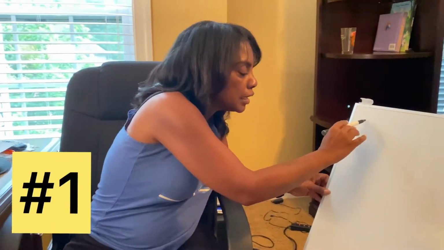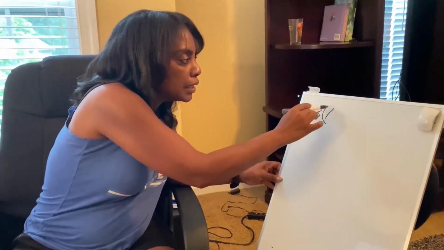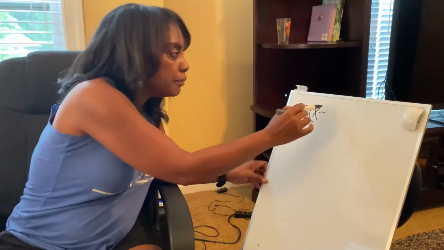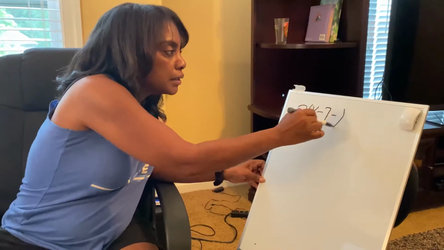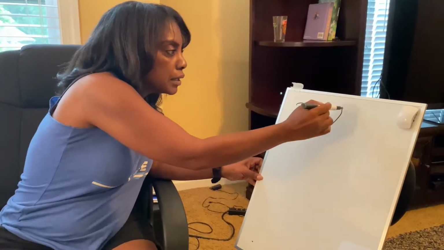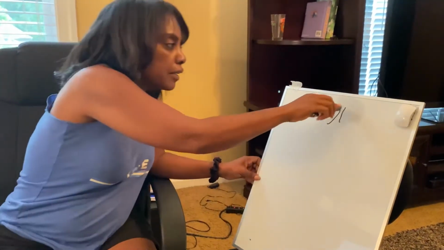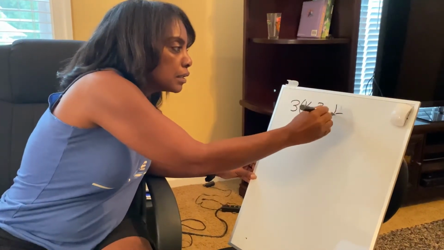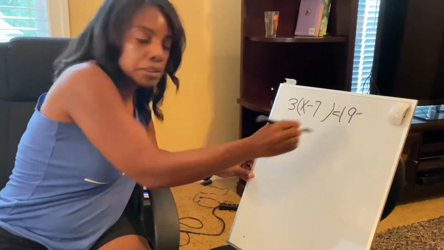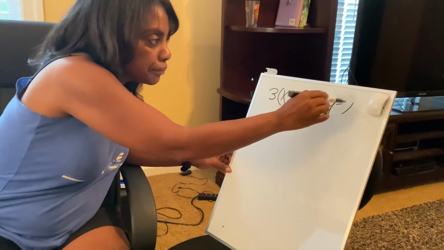Okay, so let's get started. The first problem that we're going to be doing is 3x minus 7 equals 19 minus x.